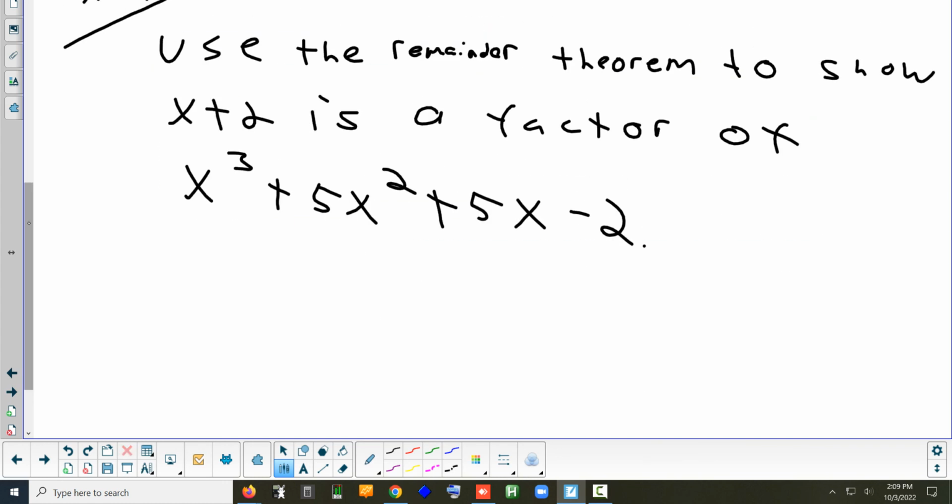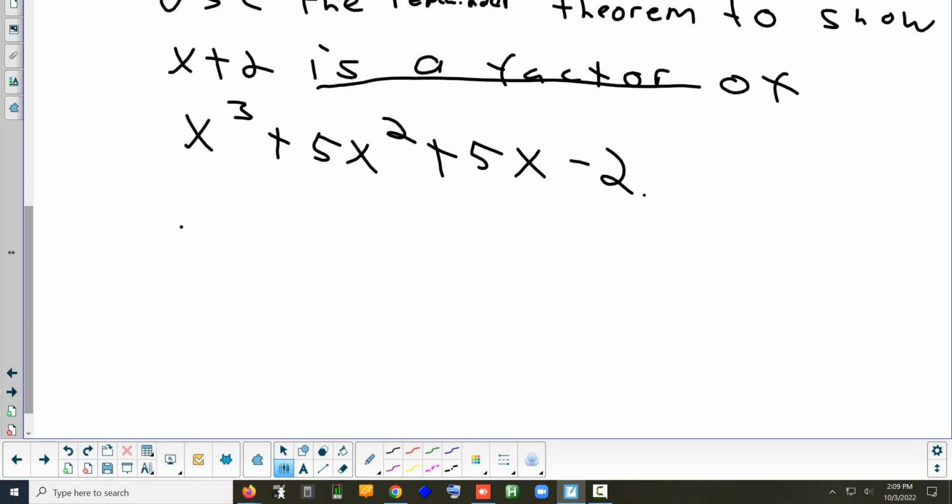So if x plus 2 is a factor, when I divide x plus 2 into that, what am I going to get as a remainder? Yep, I'm going to get 0. And they're already telling us that it is a factor. They just want us to prove it. Okay, so we'll check it.